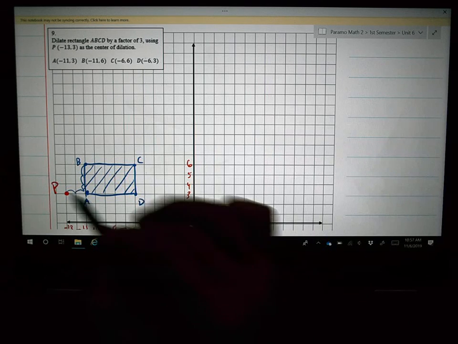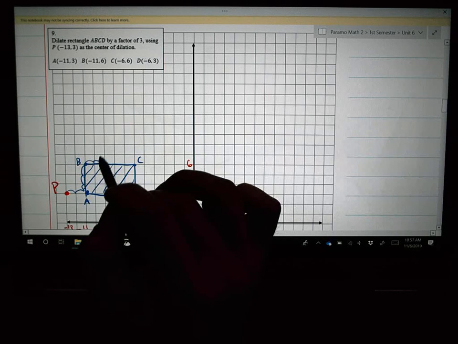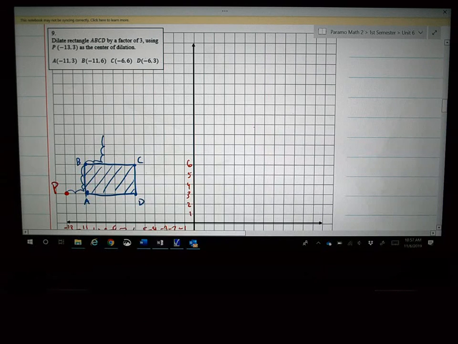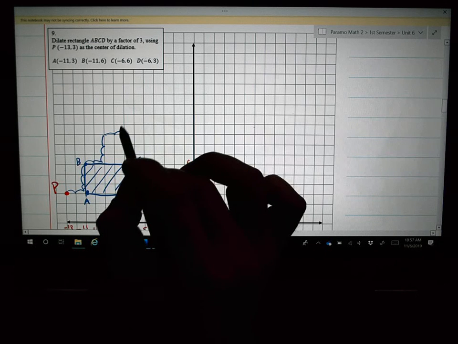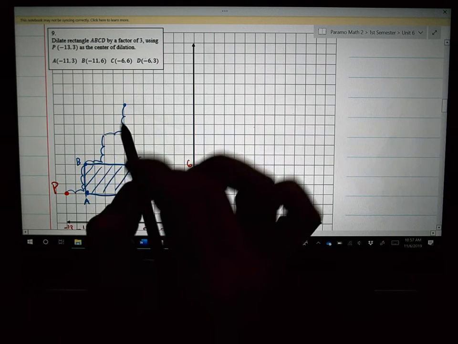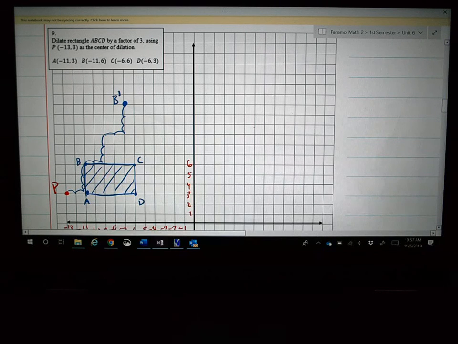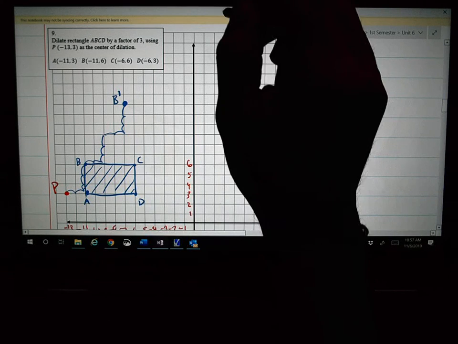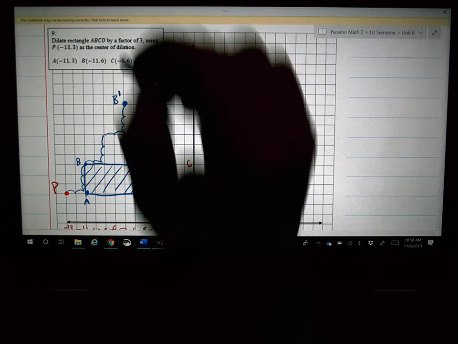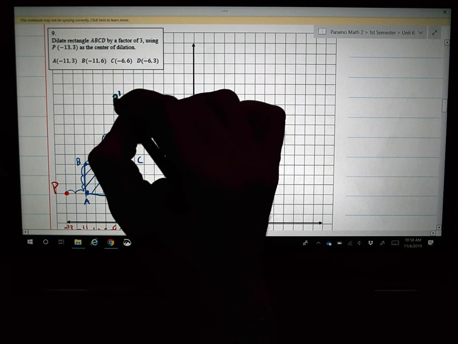This is a scale factor of 1. Going to the right 2, up 3 is a scale factor of 2. Going to the right 2 and up 3 is a scale factor of 3. This point up here is where B prime should be. I'm going to put it in green. Maybe you can see that it's green now.